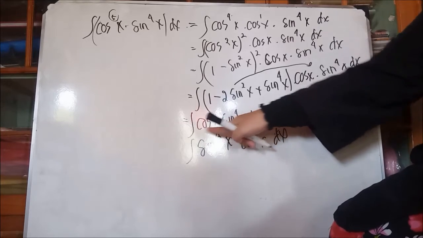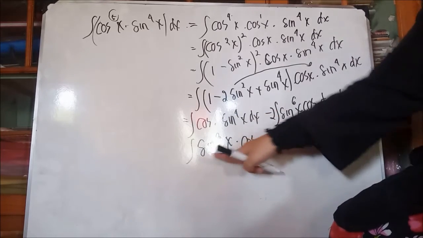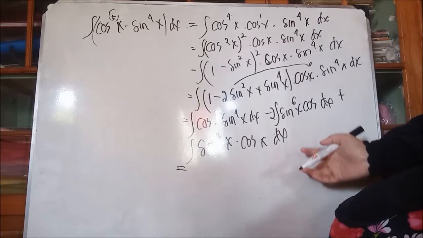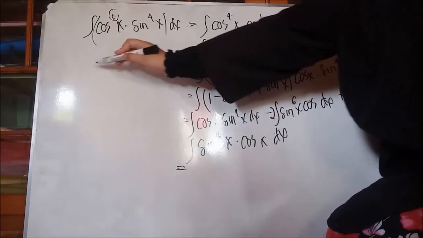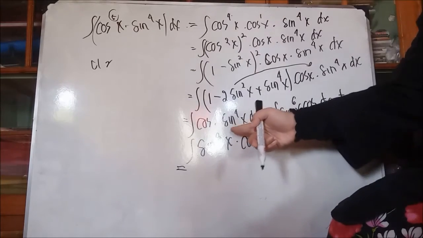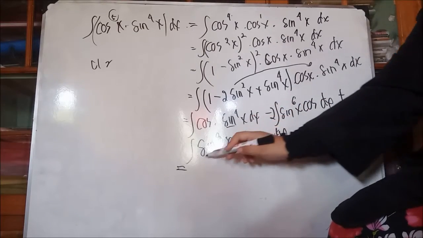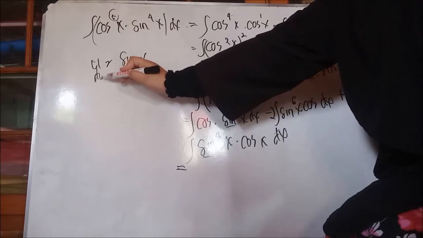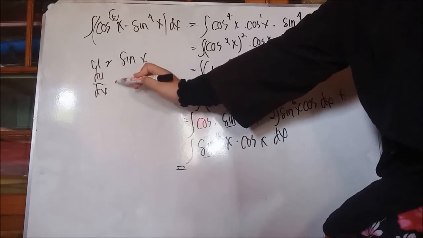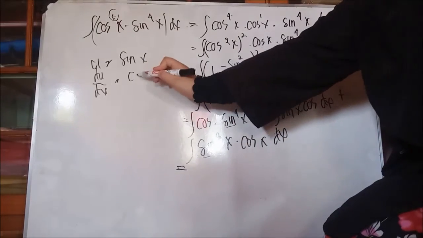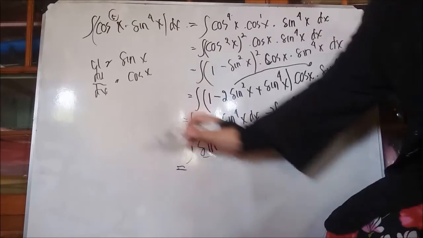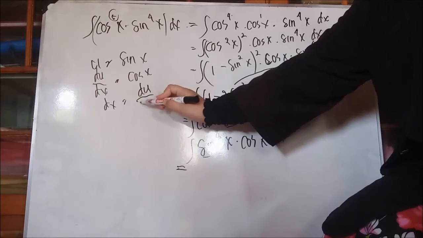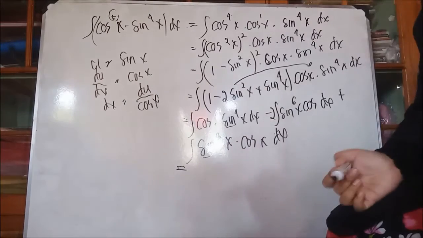So we must integrate this, and then integrate this, and then we must make the substitution. We have u here, we let it be sin x, and then we have du over dx, the derivative of sin is cos x, so it means that dx is equal to du over cos x.